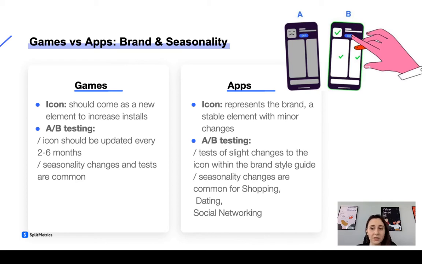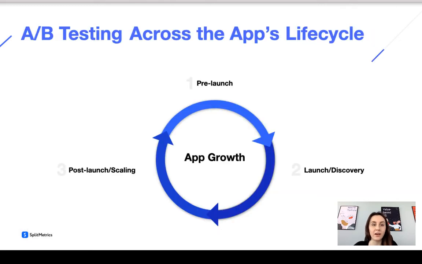For these categories, seasonal adaptation can give a good conversion boost. So now that we know the difference between apps and games in terms of A/B testing, let's look at how A/B testing can be built into the app's lifecycle, and how it can be used at pre-launch, launch, and post-launch stages.